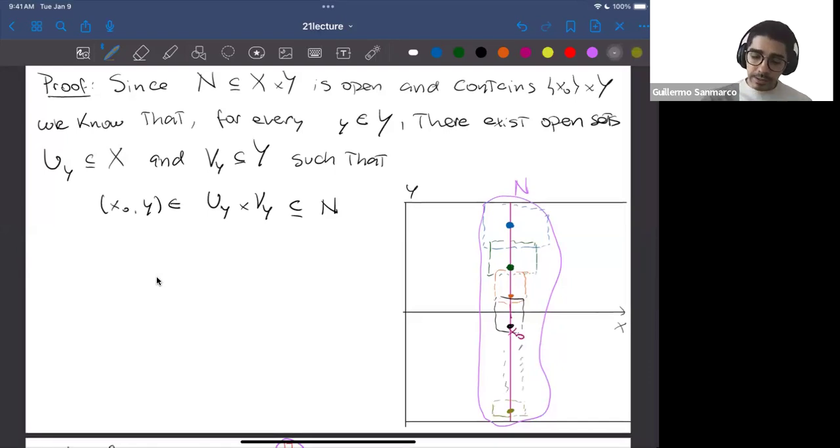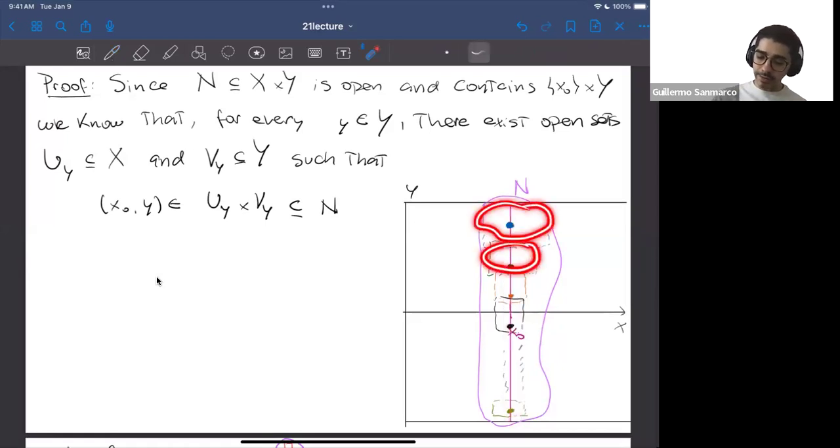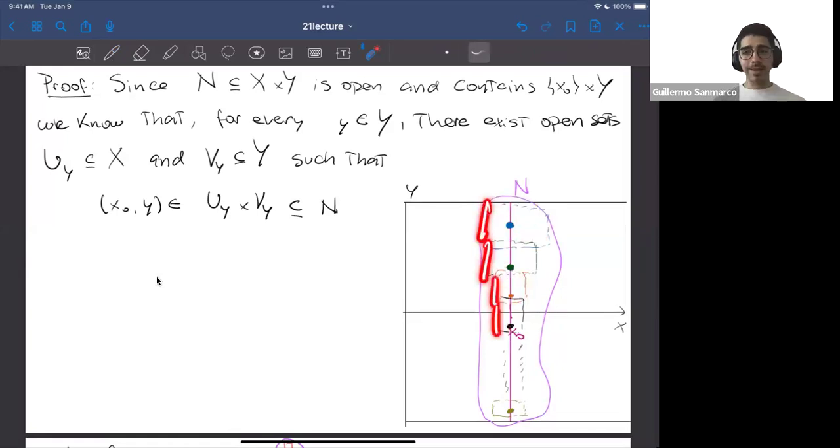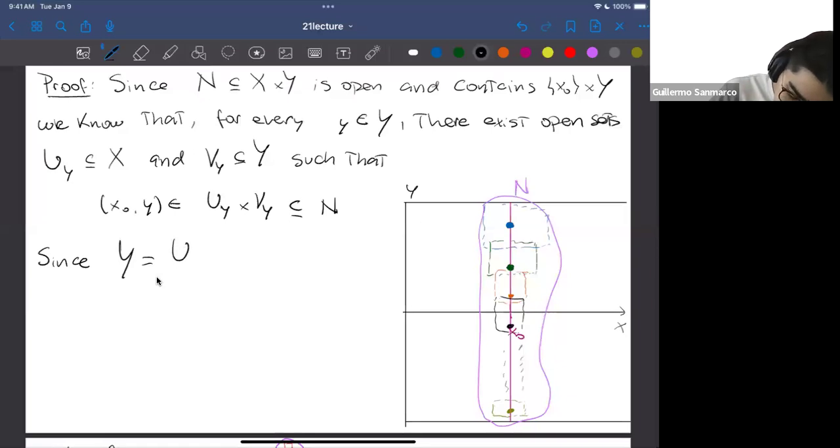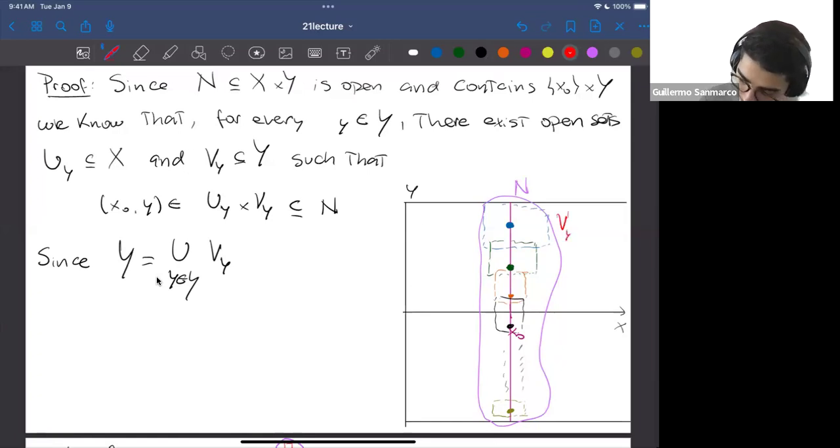The important thing here is this Y is compact, and here we're covering Y with these guys. So just with these lines, we're covering Y. And that means you can take a finite count. Since Y is going to be the union of the V_y's, so these guys will be the V_y's, and these guys will be the U_y's.